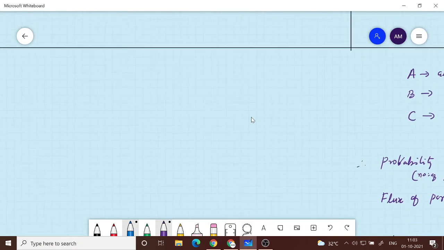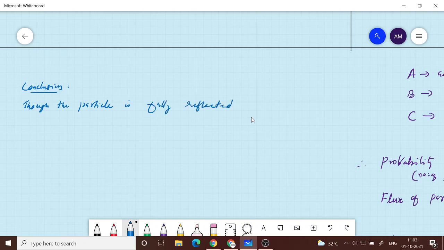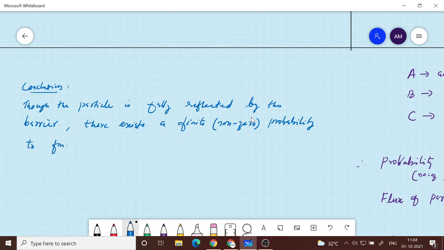The conclusion is this: though the particle is fully reflected by the barrier, there exists a finite, meaning non-zero, probability to find the particle beyond x is equal to 0.